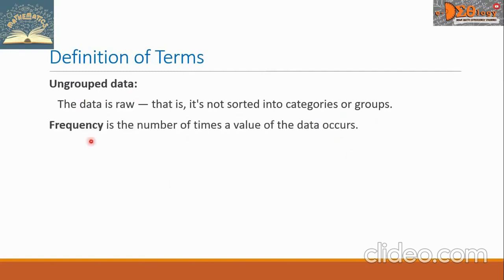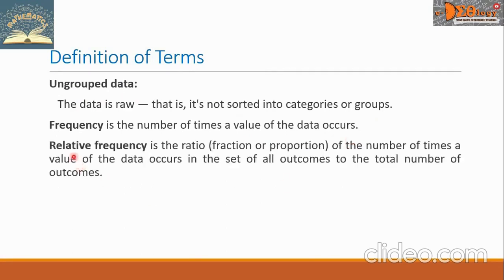Second term is frequency. Frequency is the number of times a value of the data occurs. Next term is the relative frequency. It is the ratio, fraction or proportion of the number of times a value of the data occurs in the set of all outcomes to the total number of outcomes.